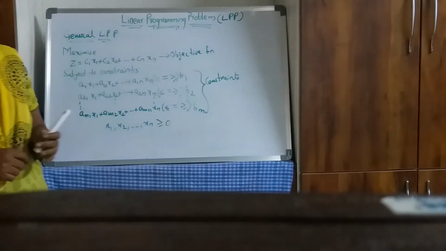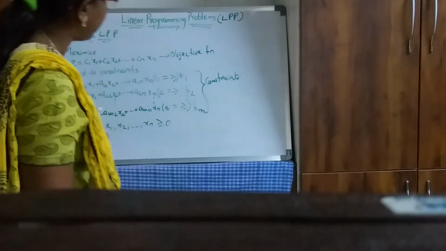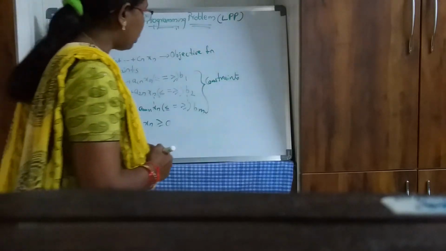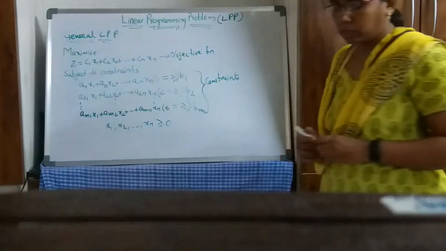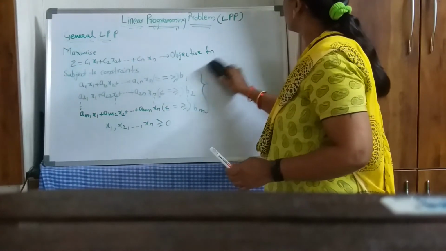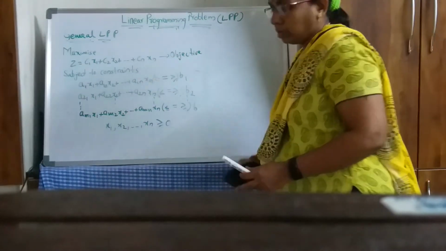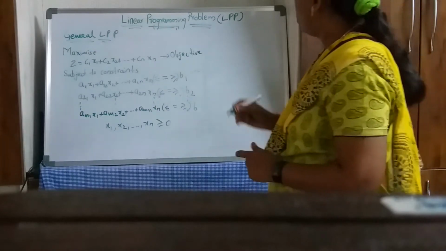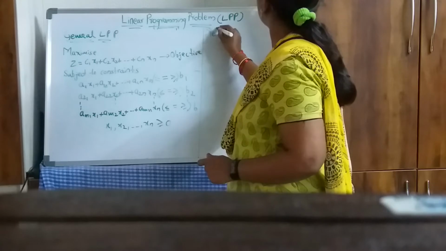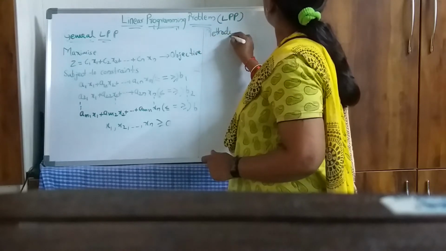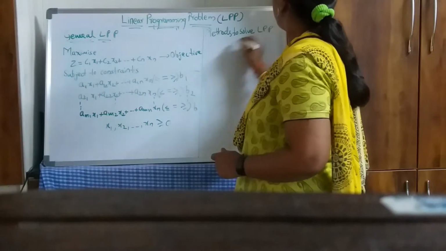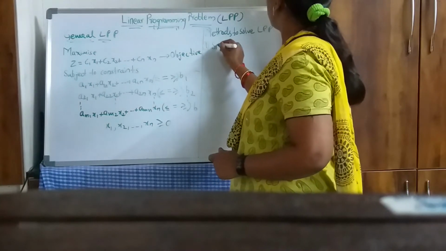Now I will explain with an example. So this is a general linear programming problem. Now to solve this problem, you have different methods. What are the methods you have? Methods to solve LPP. First one is the simplex method.